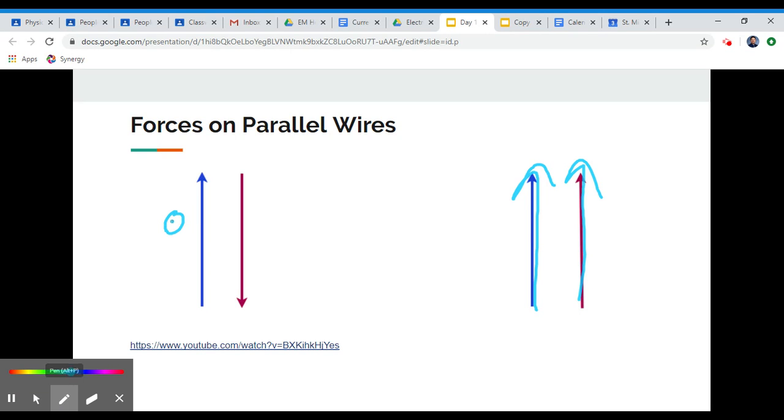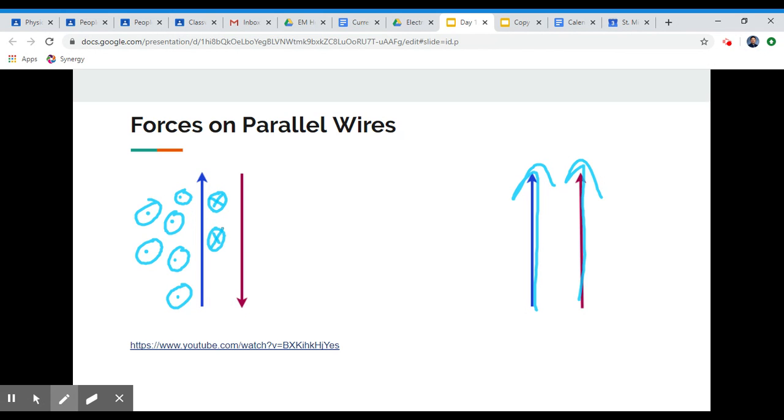So if I were to create a bunch of lines, the magnetic field is coming out at me. These are just magnetic field lines. That magnetic field is coming out at me because that's the way my fingers curl. They point towards me. Then on the other side of that wire, the magnetic field is going away from me. And the exact opposite would be true for the one going in the opposite direction.